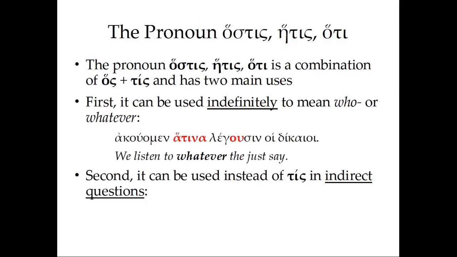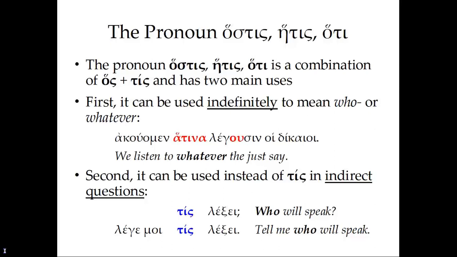The second use of this pronoun is that it can be used instead of tis, or ti, in indirect questions. So let's look at a direct question first that we've seen. Tis lexei, who will speak? Now, if we wanted to say something like, tell me who will speak, then we can recast the sentence a little bit. In Greek, we actually don't need to do much.